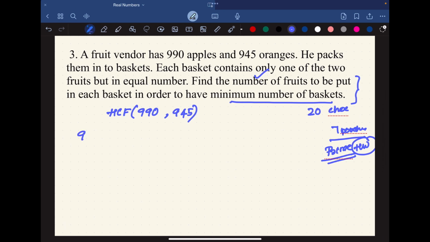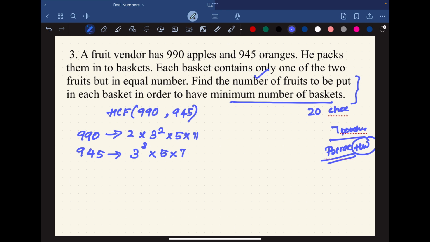That is 990: you will get the factors as 2, 3 square, 5 and 11. And for 945, you will get the factors as 3 raised to 3, 5 and 7. Okay, check your answer whether you got it.